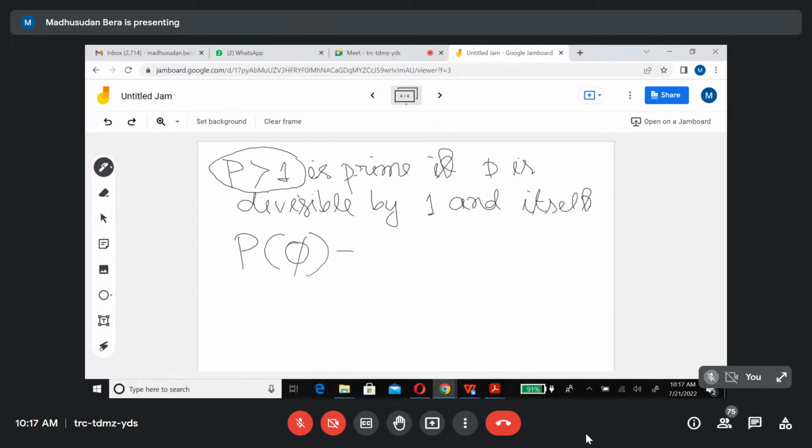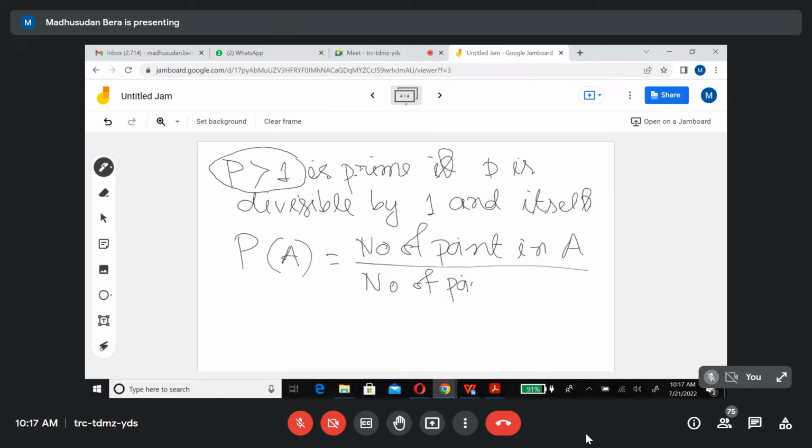Basically, P of A is the number of points in A divided by the number of points in S. For the null event there is no element in A, so 0 divided by that will be 0. P of S is 1.